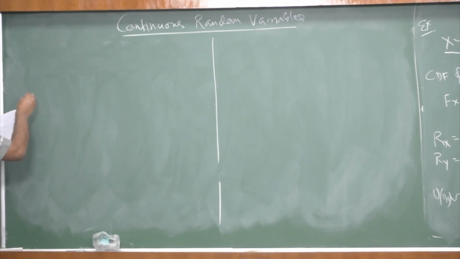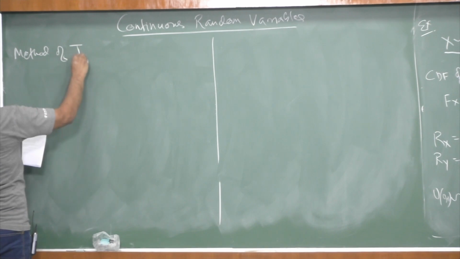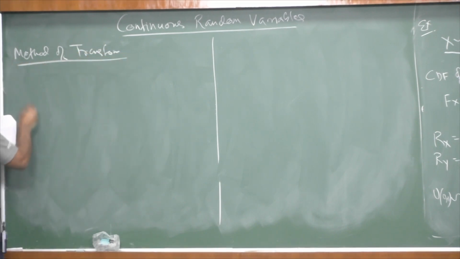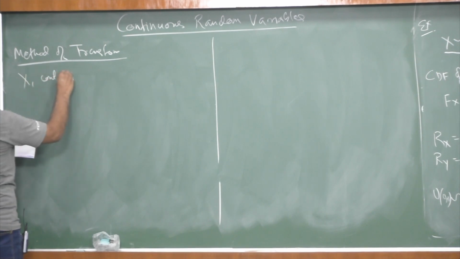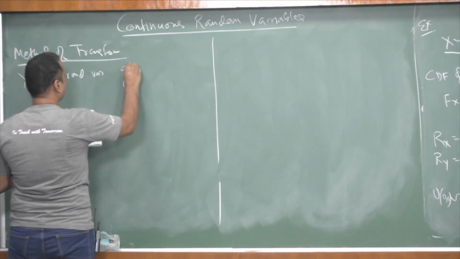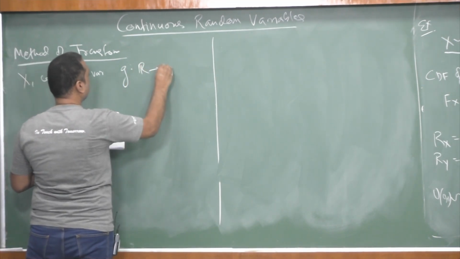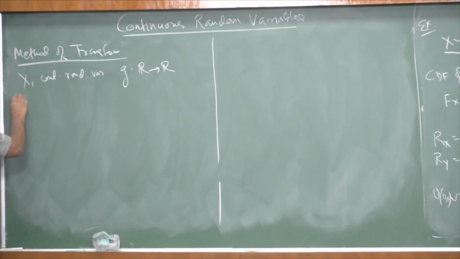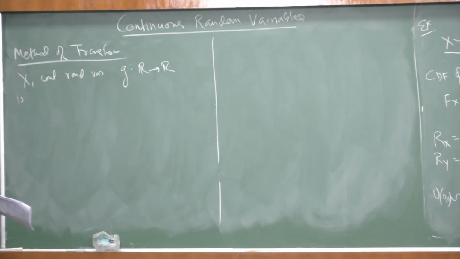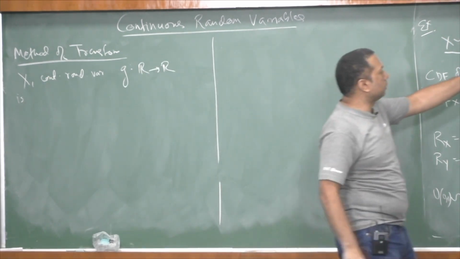So the method of transform: suppose X is a continuous random variable, g is a function from R to R. For the moment let us assume that these transformations are monotonic and increasing, but then we can make it into a more generic transform that necessarily does not have to be an increasing function.